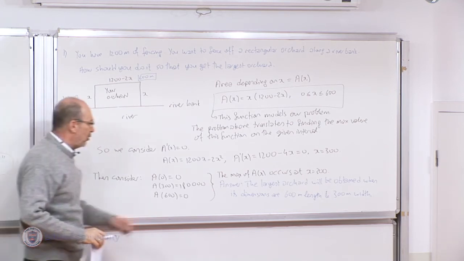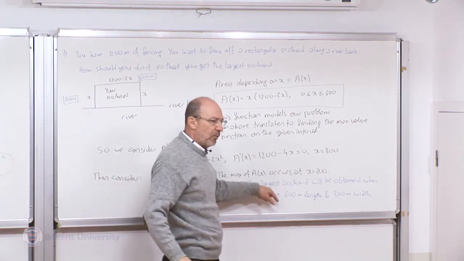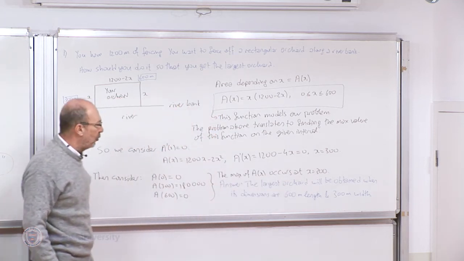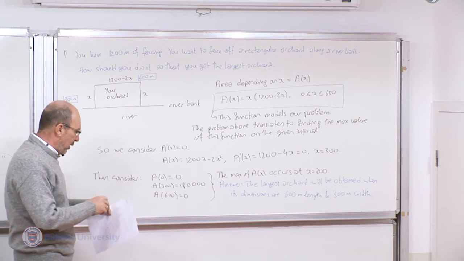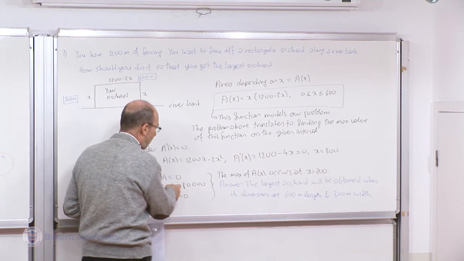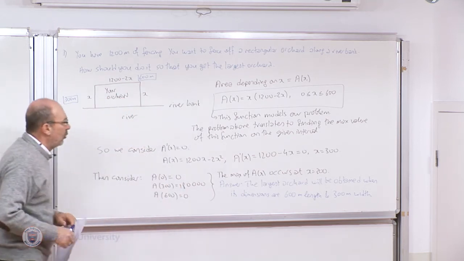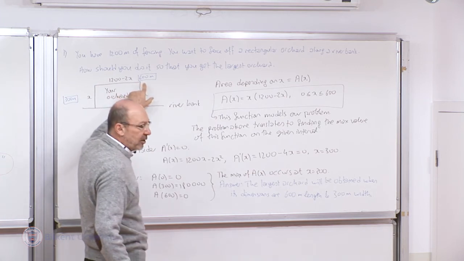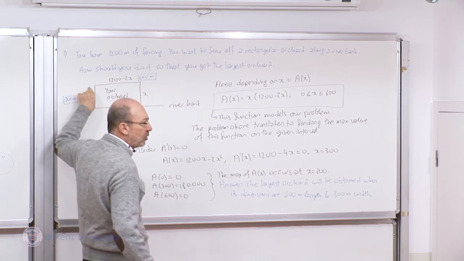Okay, so this part of course changes from person to person. You can word this in any nice way you like. But this maximum number of course will not change. You can of course parameterize this in a different way. You can call this part x and then this part you call something else.